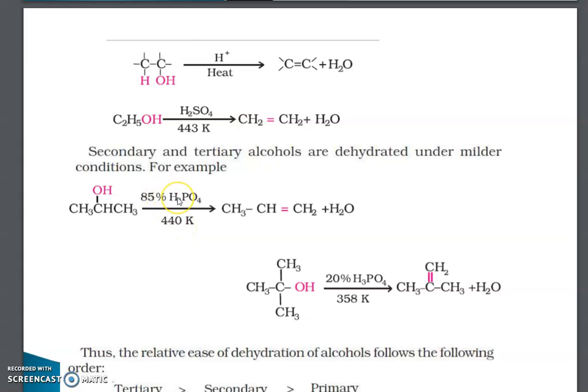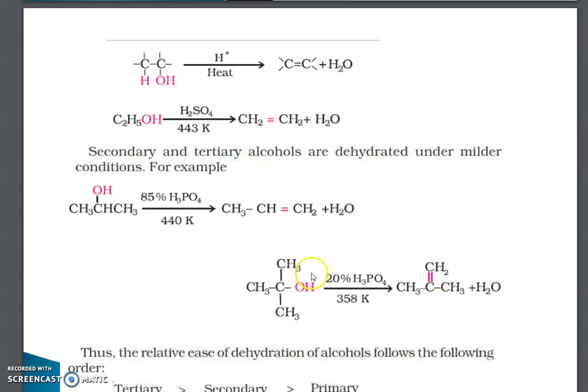We can use 85% phosphoric acid, etc. Here also there is formation of alkene, for the secondary and the tertiary too. So the ease of dehydration of alcohols follows the order: tertiary will undergo dehydration very easily, then secondary, then primary.